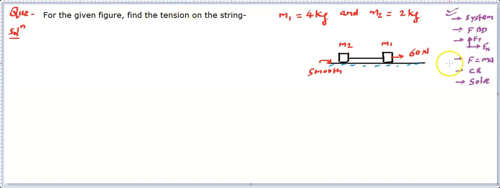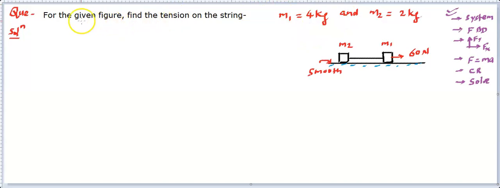When you apply this force of 60 Newton, M1 and M2, the system is going to move in this direction. M1 will be moving as well as M2 will be moving. So we can start with drawing the free body diagram of different parts.